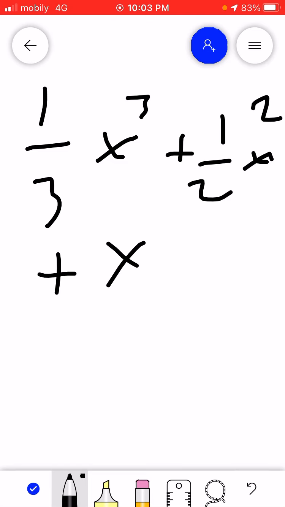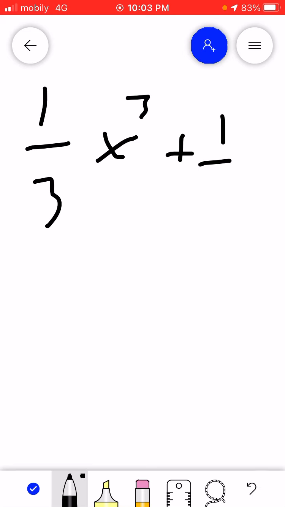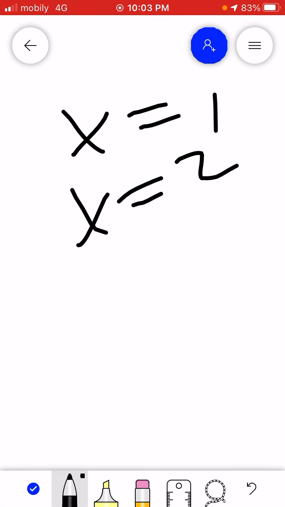So this is what we need. So type this in your paper. Now we refer to the upper limit and the lower limit: upper limit minus the lower limit. We know we're dealing with x equals 1 and x equals 2.